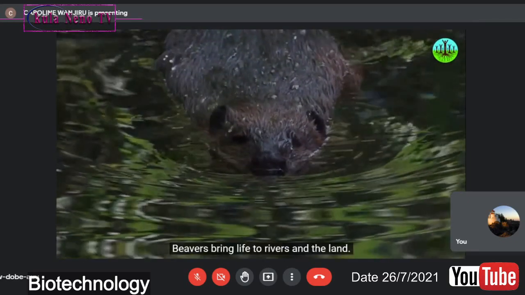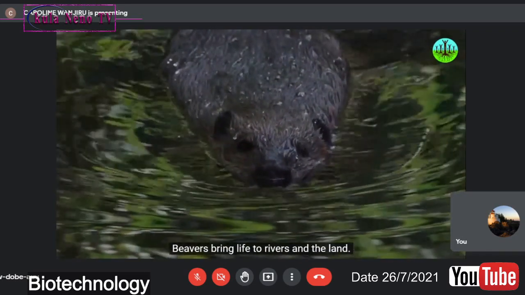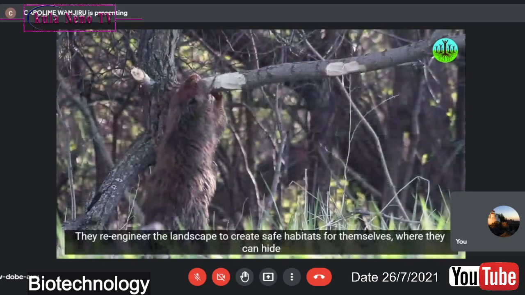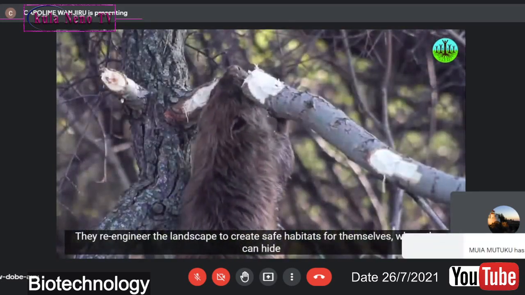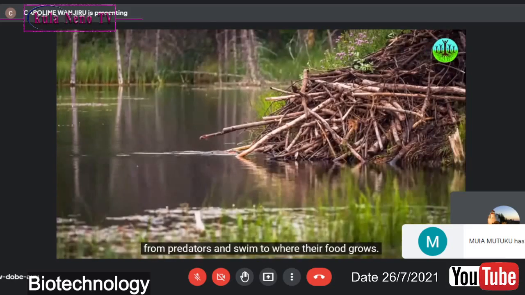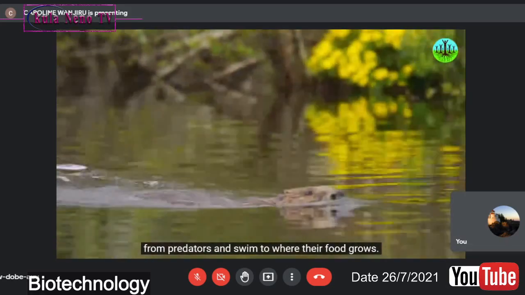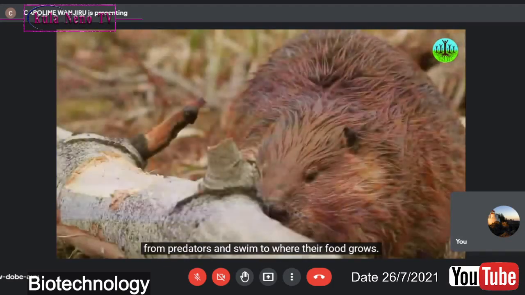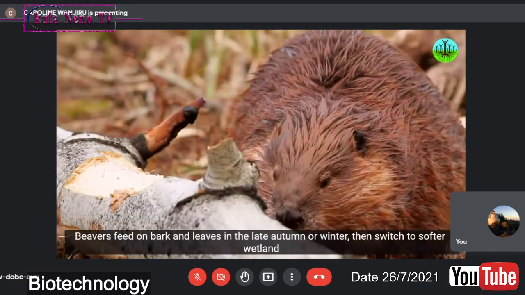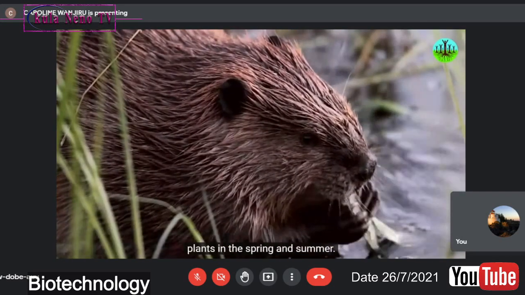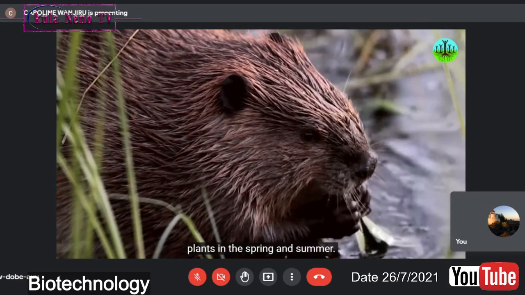Beavers bring life to rivers and the land. They re-engineer the landscape to create safe habitats for themselves where they can hide from predators and swim to where their food grows. Beavers feed on bark and leaves in the late autumn or winter, then switch to softer wetland plants in the spring and summer.